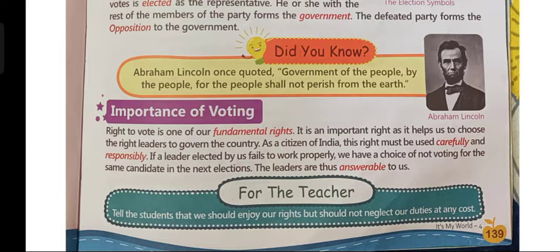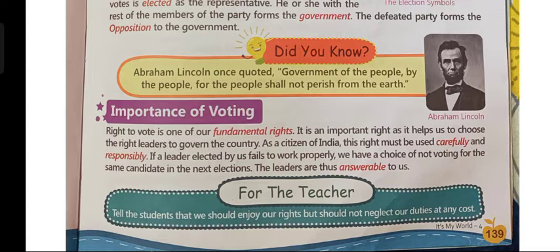So, children, voting is one of our fundamental rights. This right is very important because it helps us to choose the right leaders who will govern our country. And as the citizen of India, this fundamental right should be used very carefully and responsibly.